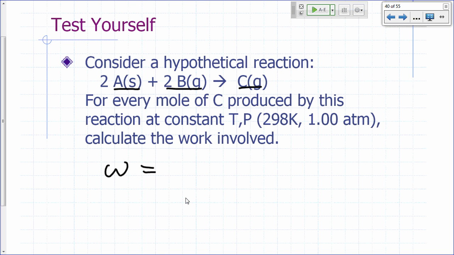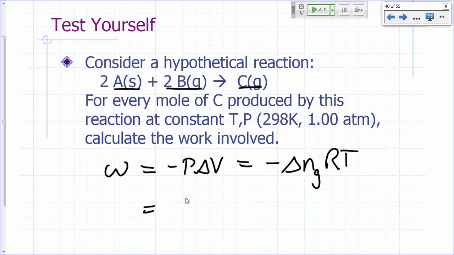So work is minus P delta V, or negative delta N gas times RT. So what's delta N gas here? If I make a mole of C, what's my delta N of gas?